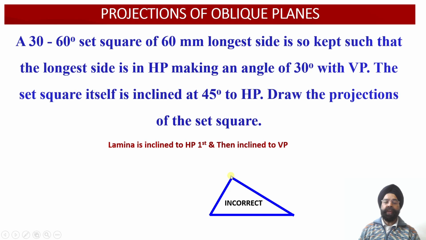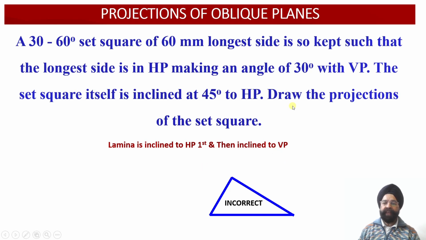Now the first orientation is this one, which is incorrect. Why is this incorrect? Because if we have the orientation of the set square like this and we draw the true shape onto the horizontal plane, then we have to tilt the set square with respect to the horizontal plane at an angle of 45 degree in this orientation or in this orientation.